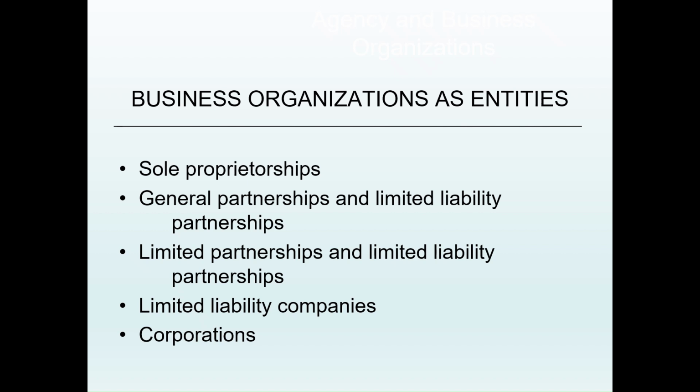In limited partnerships, the general partners act as agents for the partnership and the other partners. And either members or managers of an LLC are agents of the limited liability company. And officers and directors are agents of corporations.